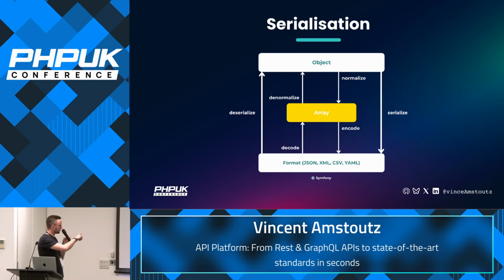So you have two main steps for that: from the format to the array, here we are talking about decode, and encode for the vice versa way; and from the array to the object, and here it's about normalization and denormalization.